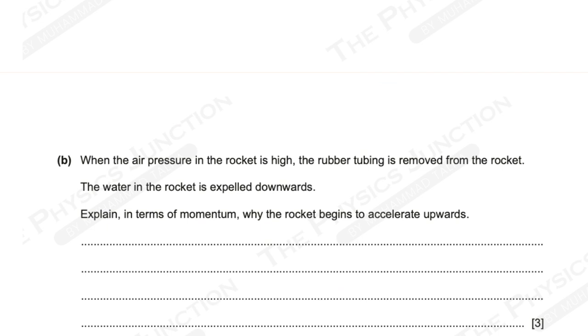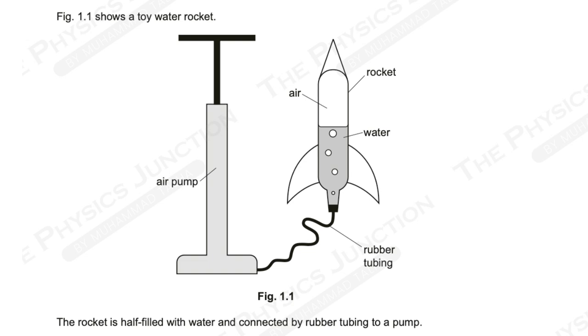Alright. When the air pressure in the rocket is high, the rubber tubing is removed from the rocket. Water in the rocket is expelled downwards. Explain in terms of momentum why the rocket begins to accelerate upwards. Now, here we know that when this tubing is going to be removed, water will be expelled downwards. Hence, water has a downwards momentum.